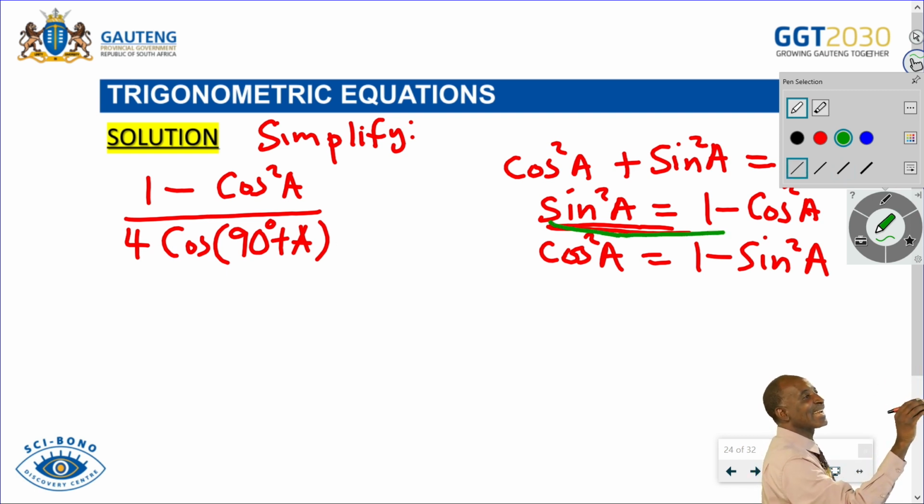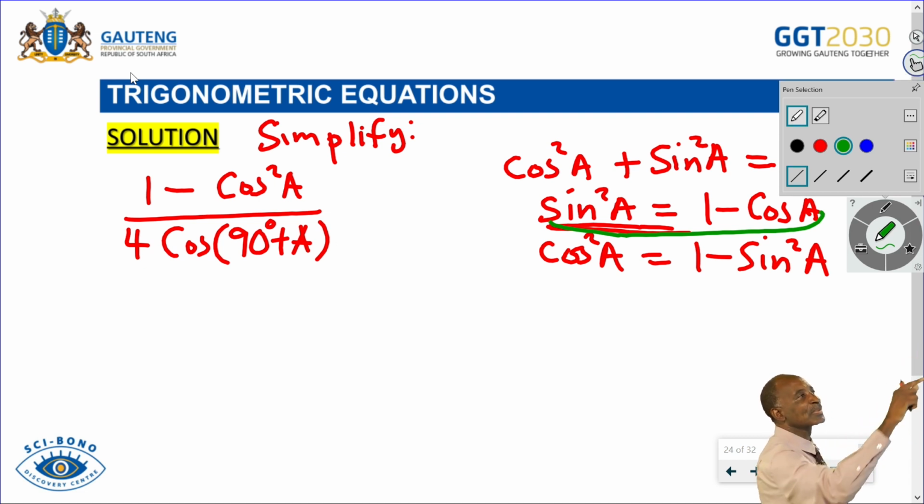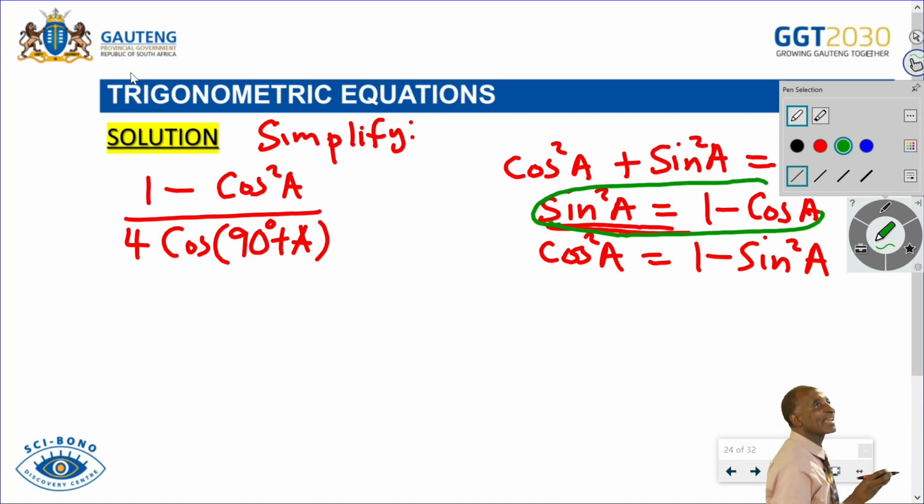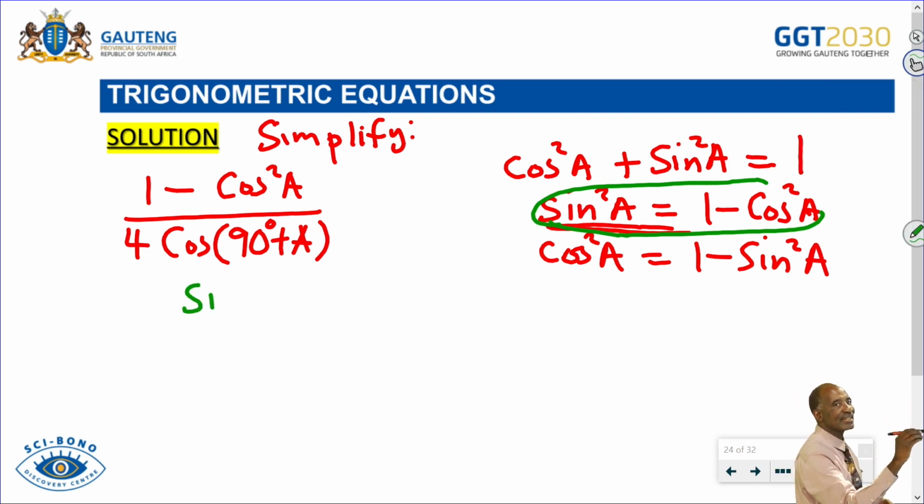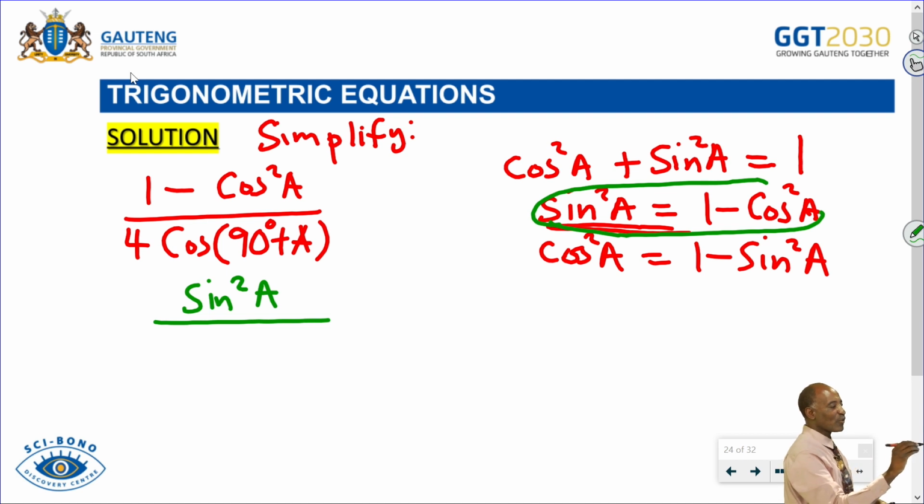Right. Let's take this middle part here. We substitute here where we see our 1 minus cos squared A. We are going to put sine squared A divided by 4.